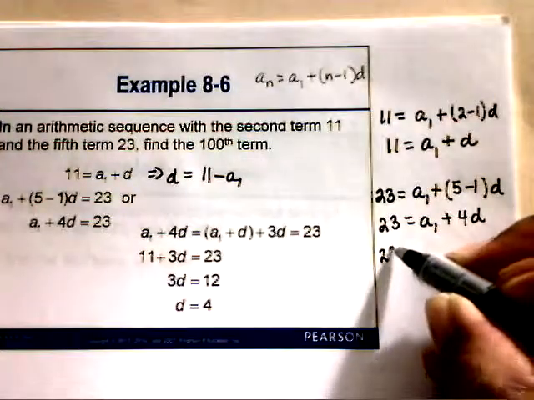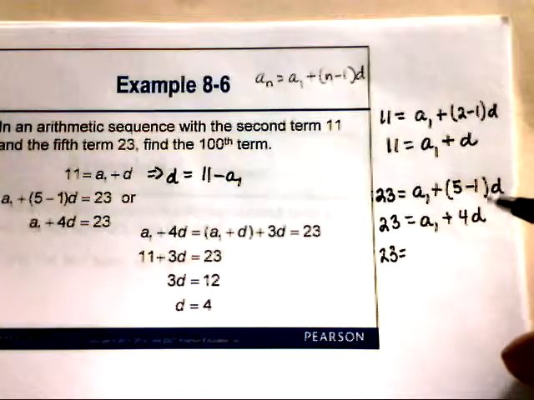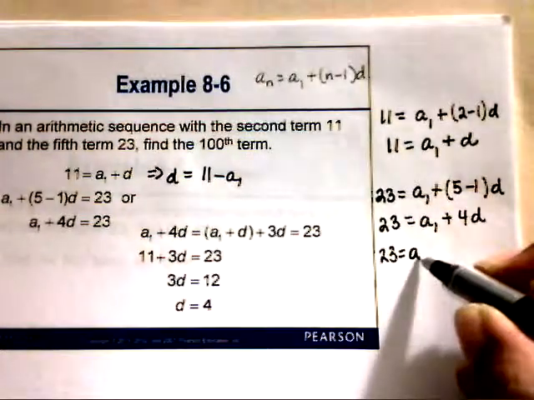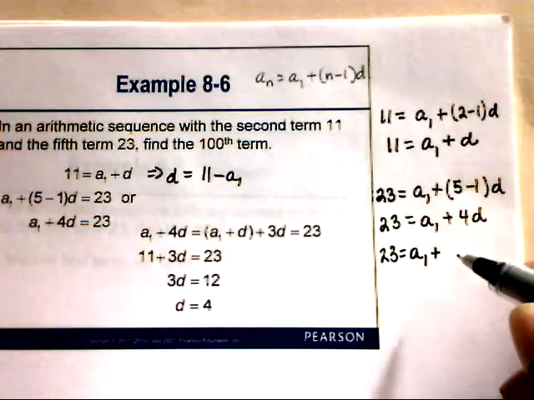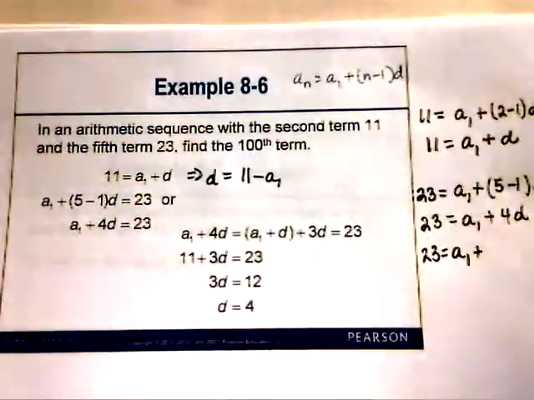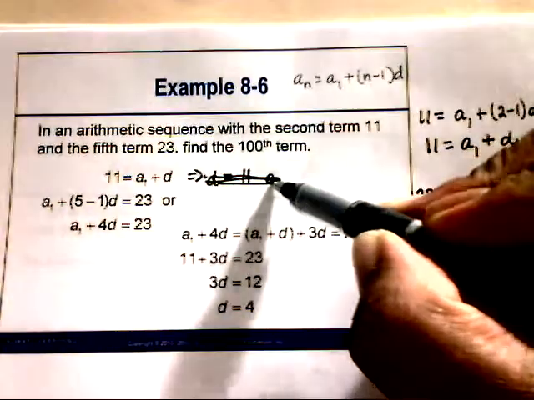I'll show you how this is going to be done. You got 23 is equal to a1 plus, I take that back. You want to find out what d is. And that wouldn't help any.